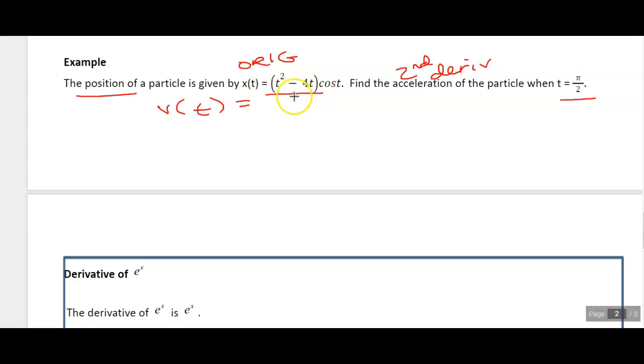But this is going to be 1, and cosine is going to be 2. So our derivative is 1d2 plus 2d1. The derivative of cosine is negative sine. And d1, I'm going to put in parentheses, it's a power rule, 2t minus 4.